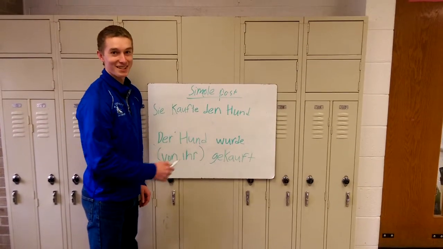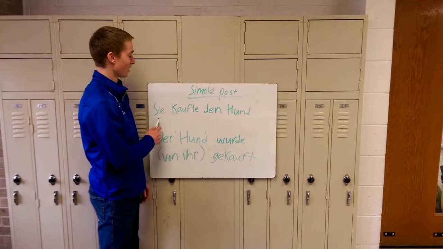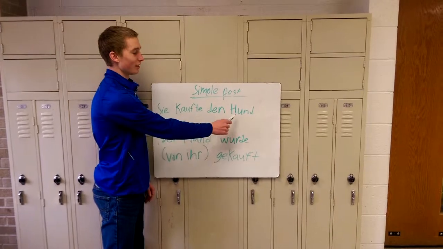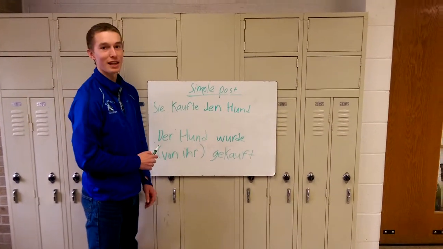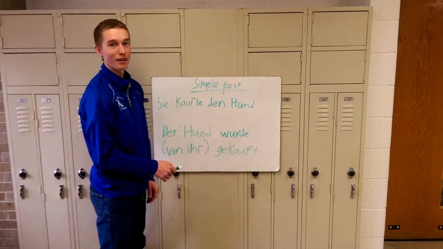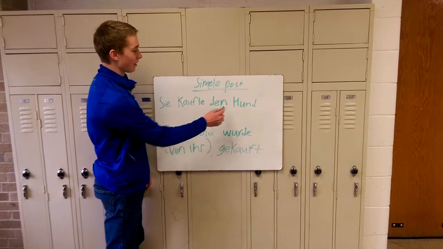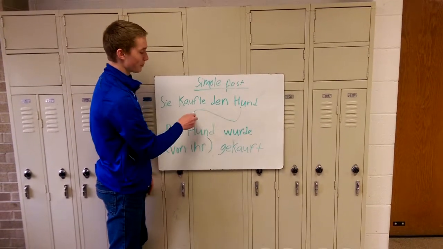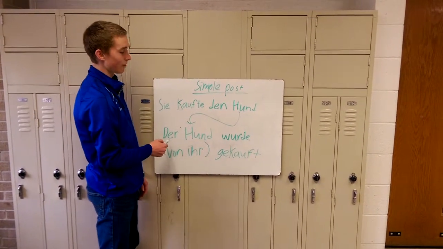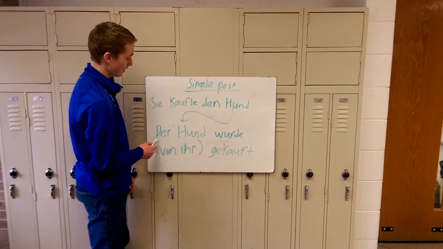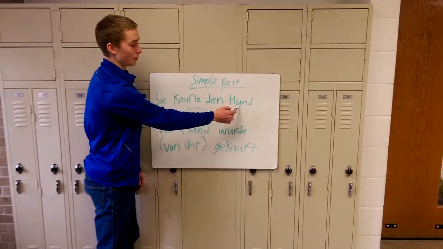Now we're jumping into the past tense. So this sentence here says, she bought the dog. And to put that into the simple past, saying the dog was bought in simple past, the object moves to be the subject again. And since this is a der word, since it is now the subject of the new passive sentence, it is der Hund instead of den Hund.